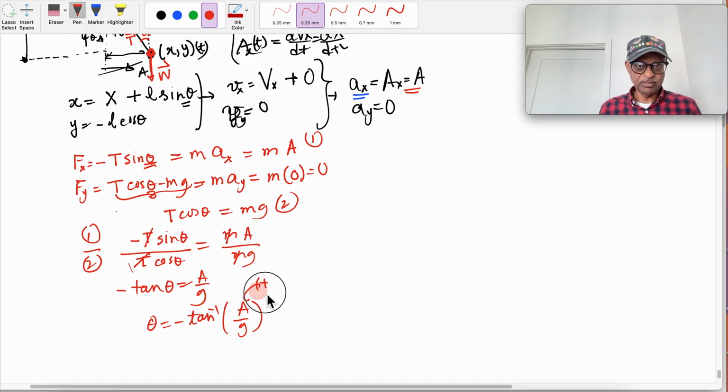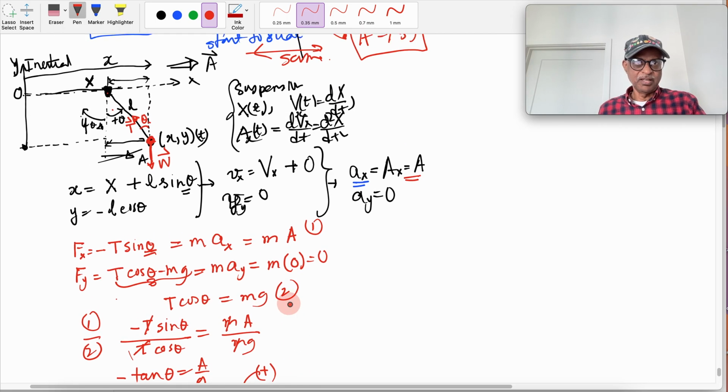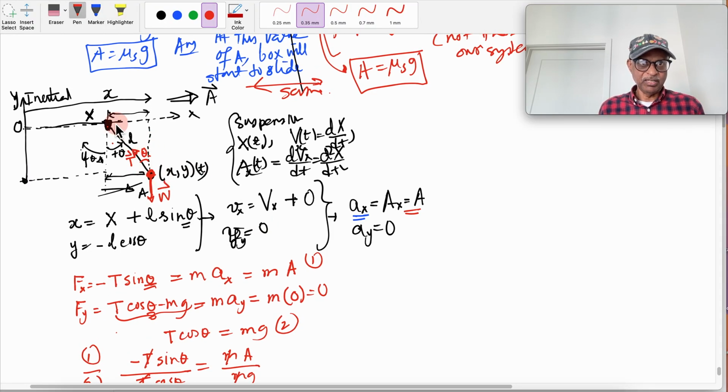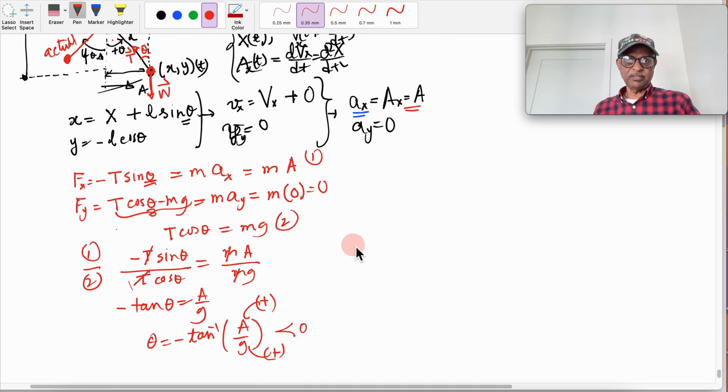And this is positive, and this is less than 0, which tells me the pendulum does not hang this way, but is going to be over here, if the acceleration of the suspension point is that way. So this is the actual position.